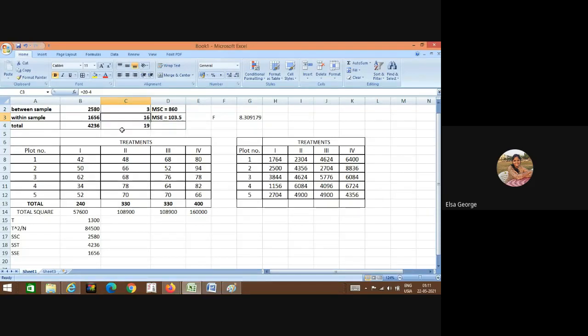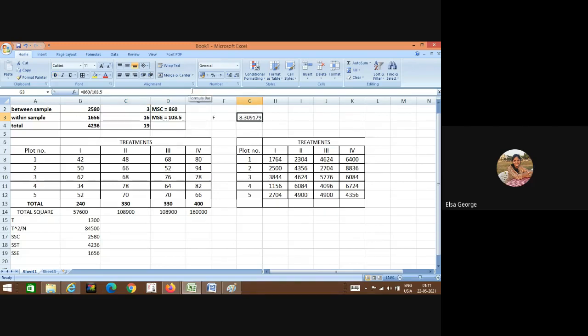After finding this much, you can simply divide SSC by k minus 1, which is your MSC, and SSE divided by n minus k is your MSE. Then if you divide MSC by MSE, you will get your F value.